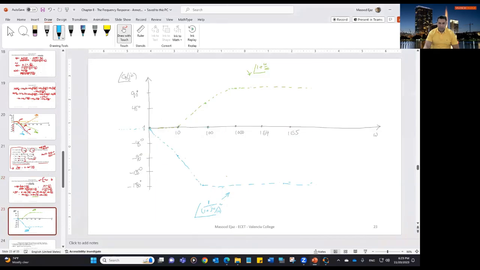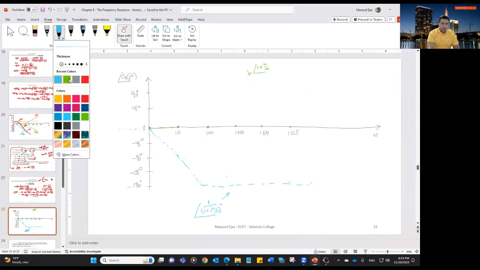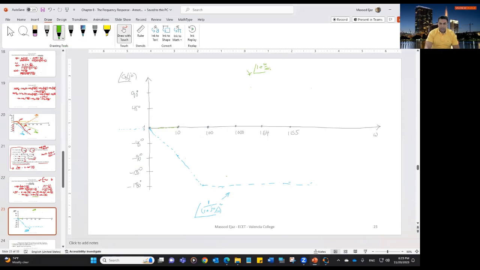Let me do this again. The 0, I made it incorrect. Since it was 1000, I put 100. That's 1000. That means up to 100, it is going to be 0. And then at 10,000, it's going to be 90 degrees.